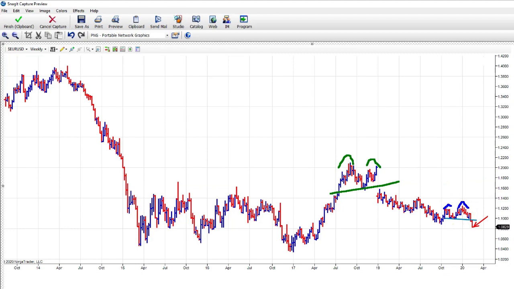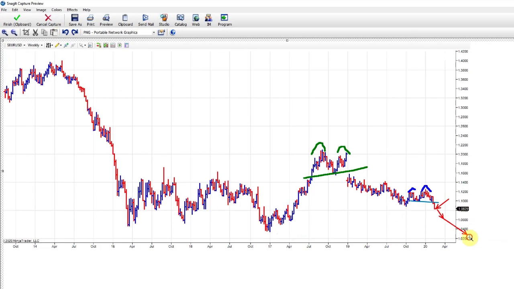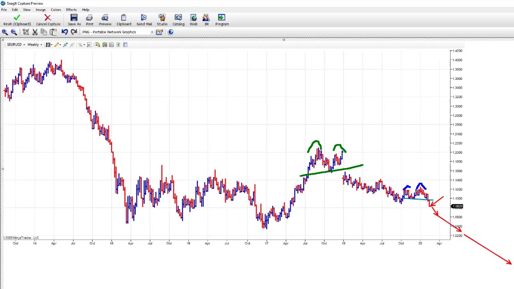So the euro has been kind of a frustrating pair to trade for the last several weeks, but I do think now it's opening up new territory, and there's every possibility that we could get a movement and pick up even more steam as we break under these significant recent lows. And so there's nothing to my mind that's standing in the way of euro falling even further to the 102 to 104 area, and perhaps ultimately to parity, 1-to-1 with the US dollar.